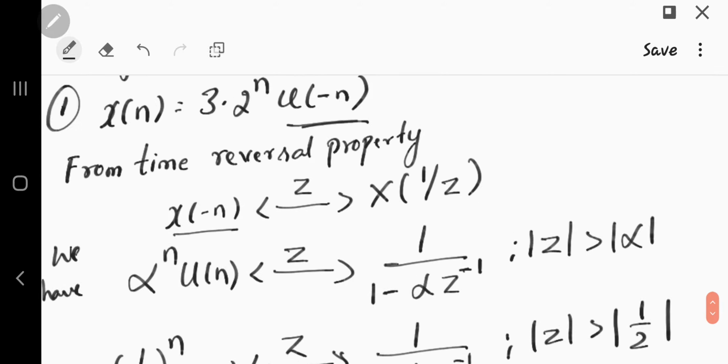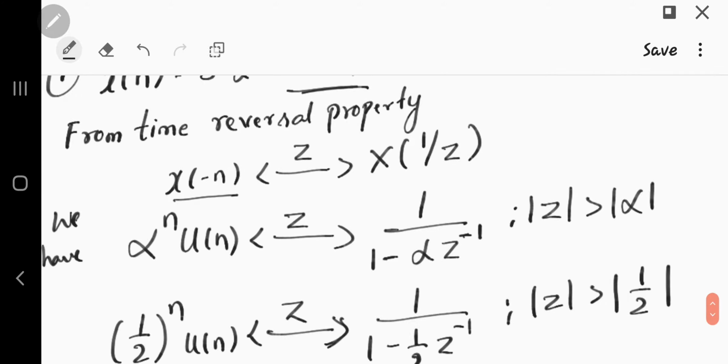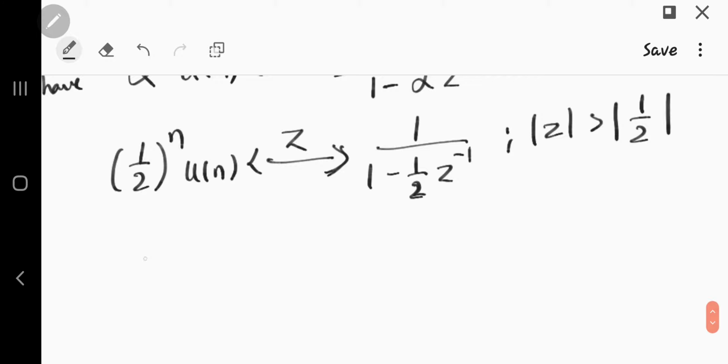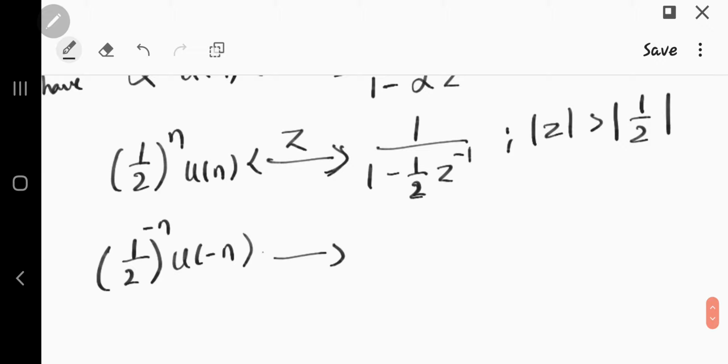Now here we don't have u of n, we have u of minus n. So we can write 1 by 2 to the power of minus n into u of minus n. For this, the z transform will be 1 divided by 1 minus 1 by 2 z inverse.